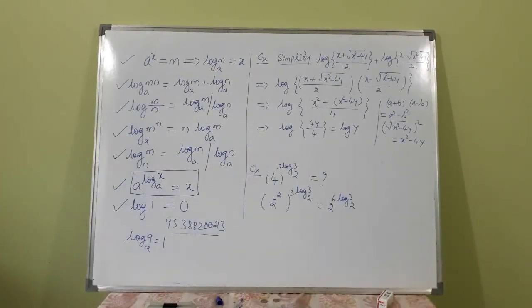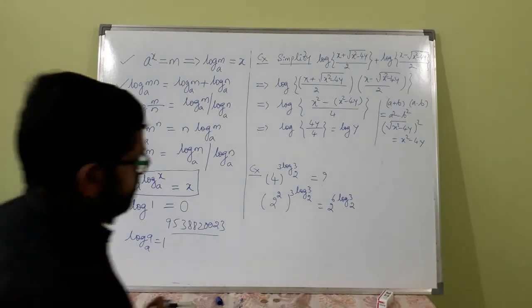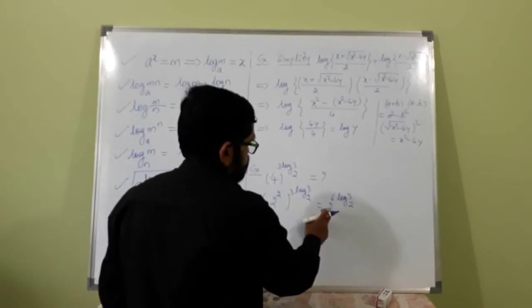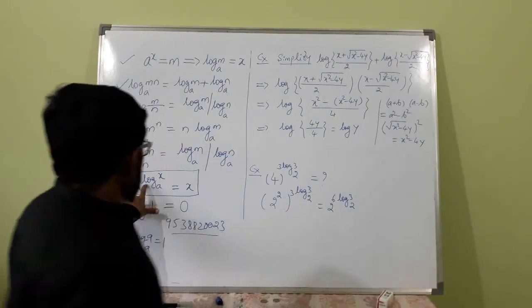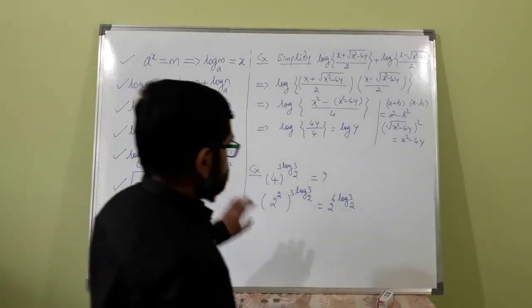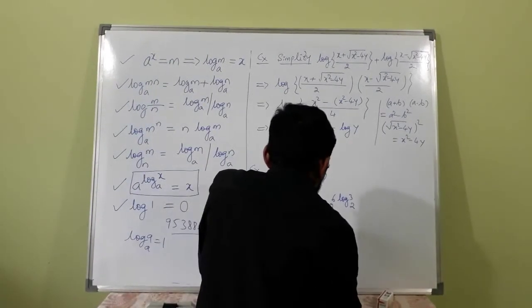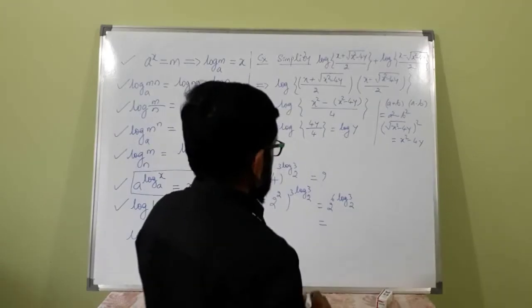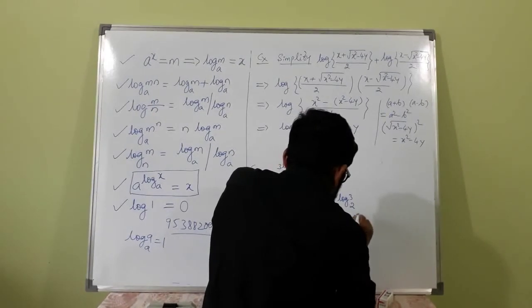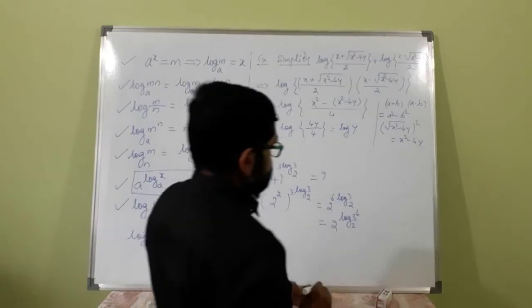Okay. What happened? See here, a raised to log x to the base a is x. So this implies, okay, I will write one more: 2 to the power log 3 to the power 6 to the base 2.